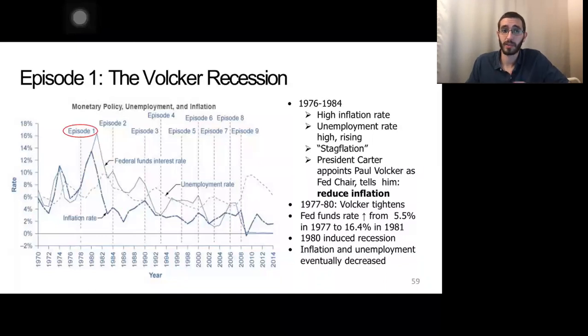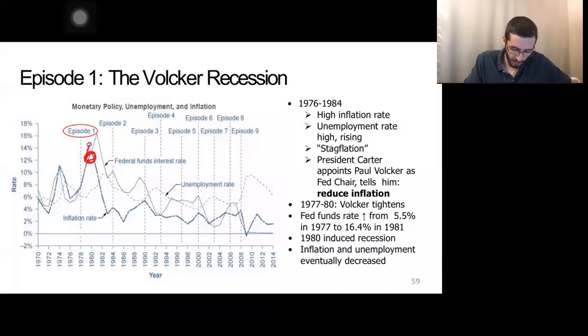On episode 1, you can see a hike in the federal funds rate. Right here. Whenever that happens, you can see that the inflation rate was getting really bad, in the region right there. But that increase in the federal funds rate, which we saw before, would lead to lower GDP growth, so it should worsen unemployment, but it should also lower the price level.